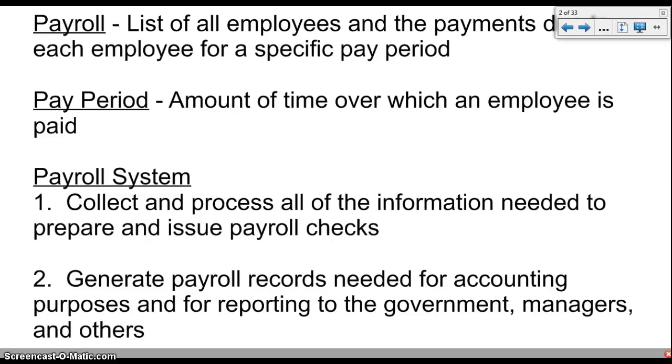This allows you to pay the government their share of taxes that you as a business have to pay, or that the employees have to pay. You can also create different records that allow managers to see how much is being spent on payroll and if they can adjust it so that not quite so much is being spent on labor, so that they would make more of a profit themselves.